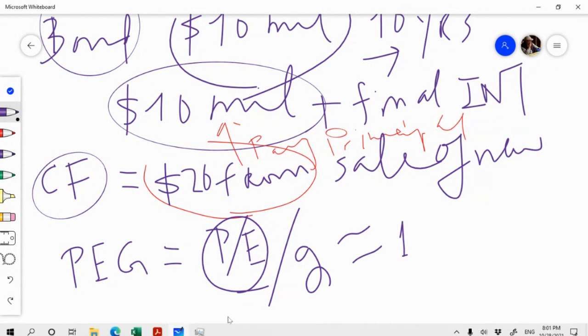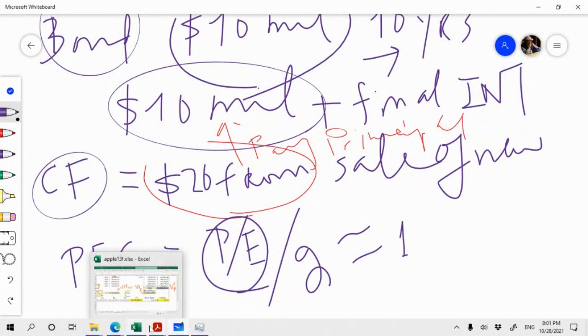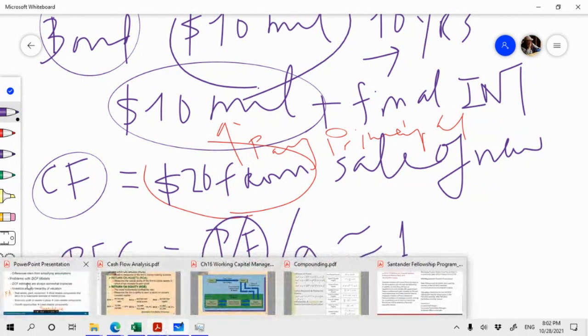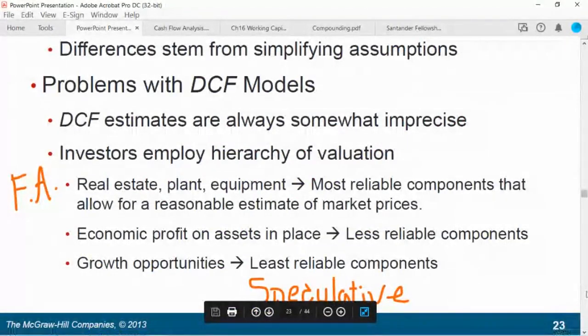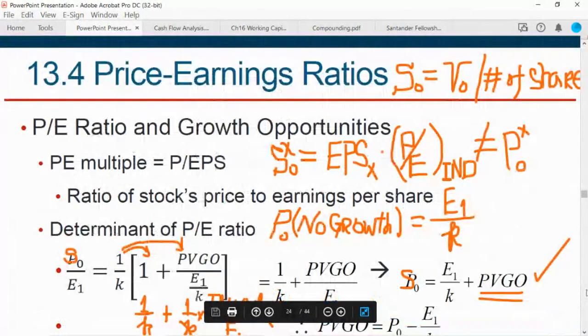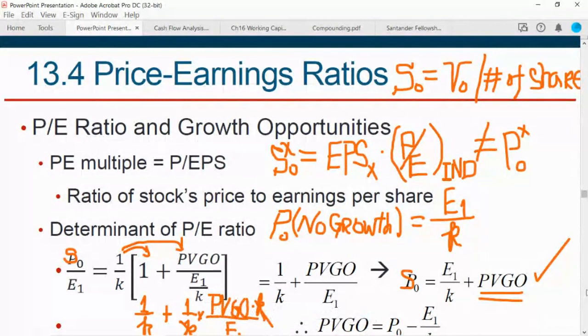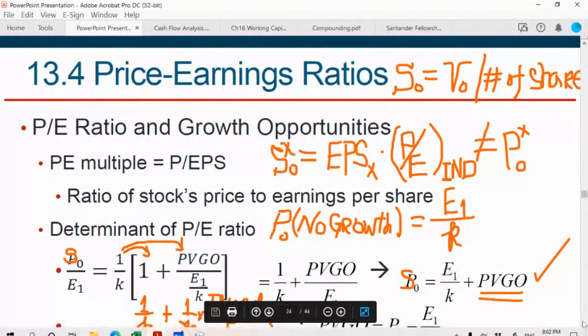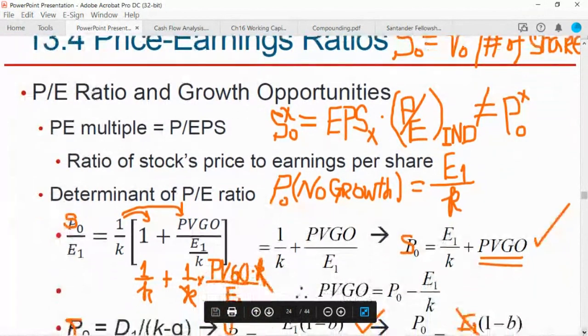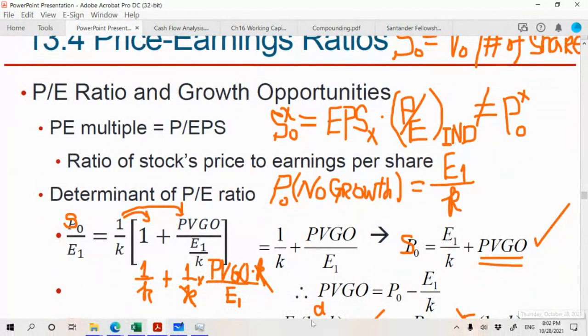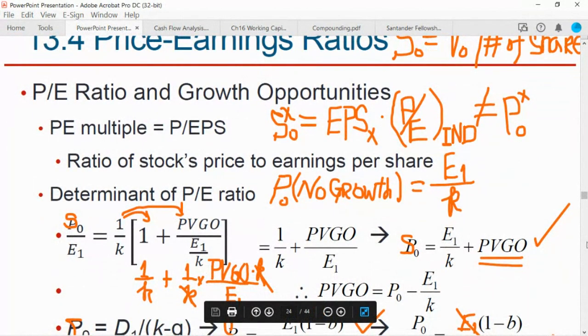Okay. And there's still so much. Again, that brings us to the discussion of growth opportunities, right? P/E ratio is opportunity.